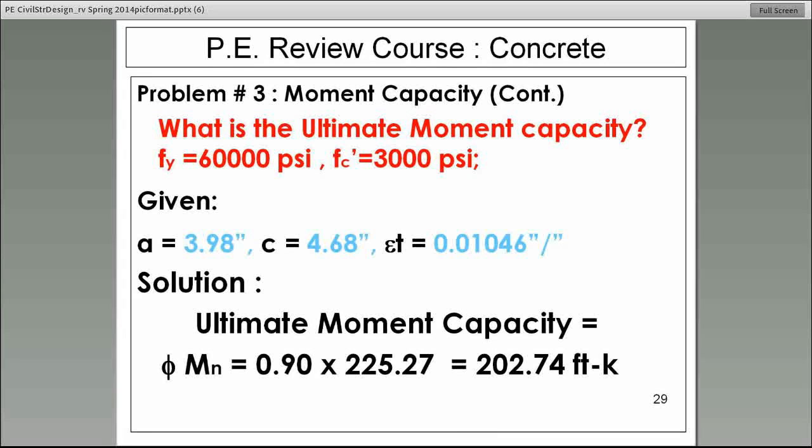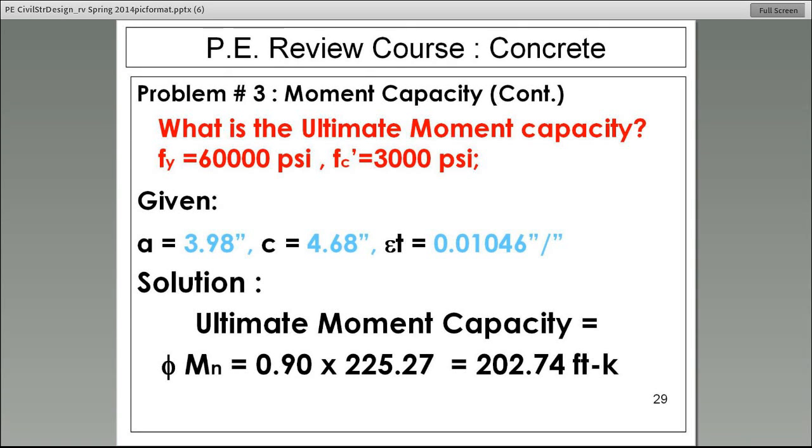Now, one other concept that I want to cover here in terms of moment capacity of concrete is, if you look at your notes, the next item, number 5, the terms that I said in the beginning you should learn, the 5th term was ultimate moment capacity. All right?